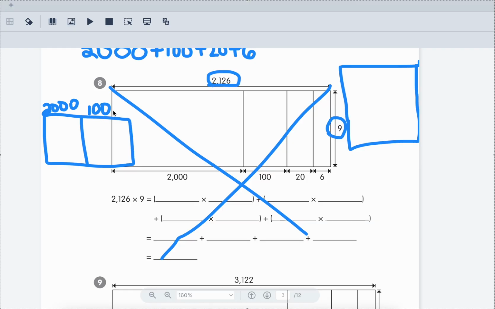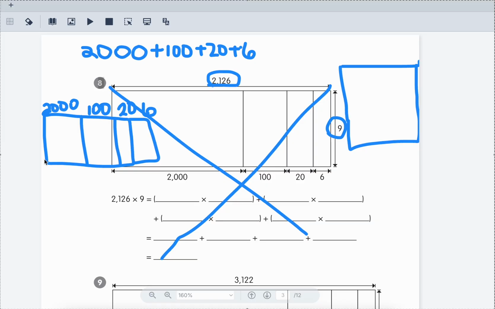I really highly suggest graph paper. 20 and 6. And what are we multiplying by? 9. Oh, my 9's not going to fit. The 9 should be over here on your side. So 9 times 2 is what?